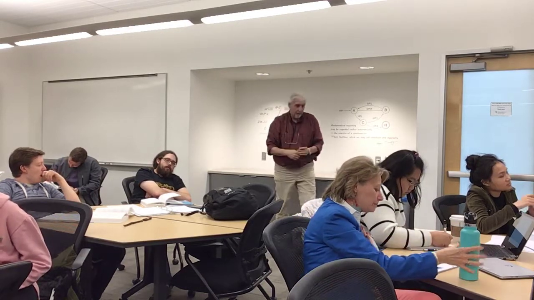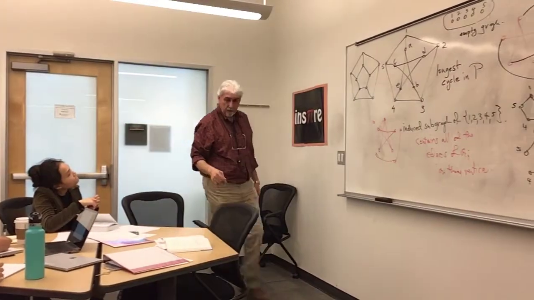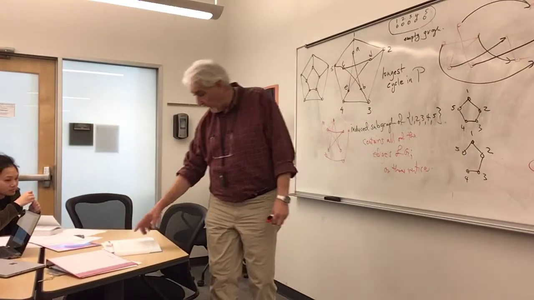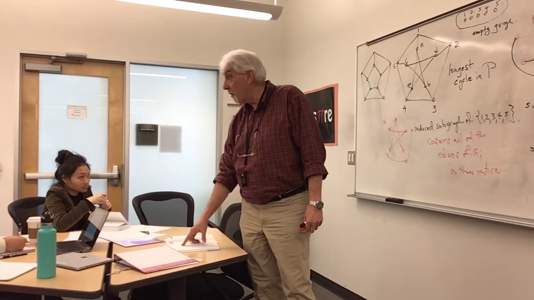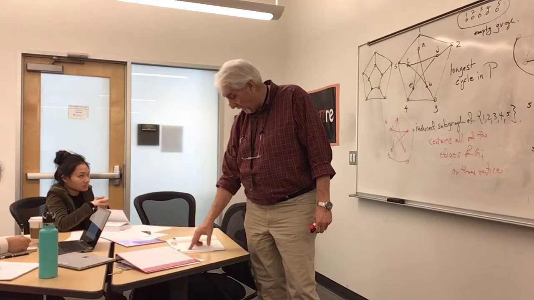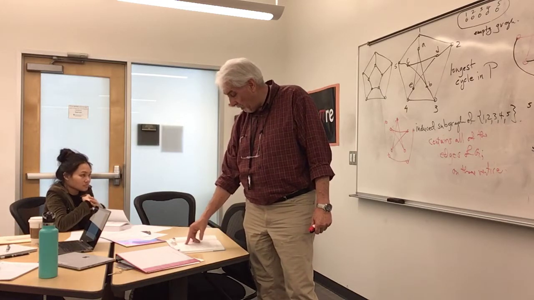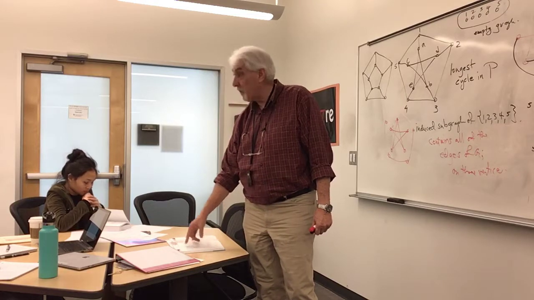So that's why in the reconstruction problem, he has to distinguish and say every graph of order at least 3, and this is not a theorem. There are a lot of people that would like it to be. The reconstruction conjecture: every graph of order at least 3 is reconstructible.